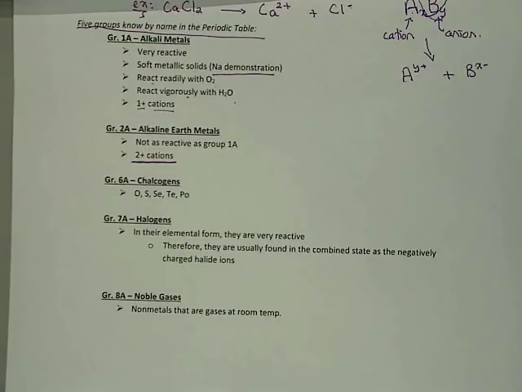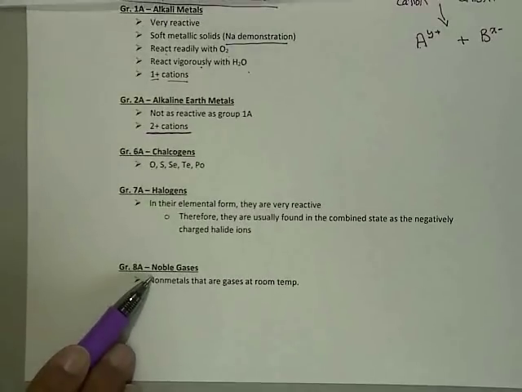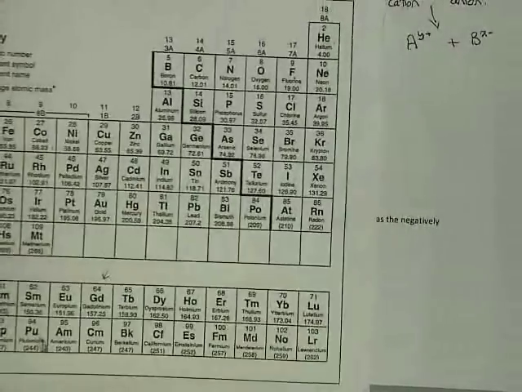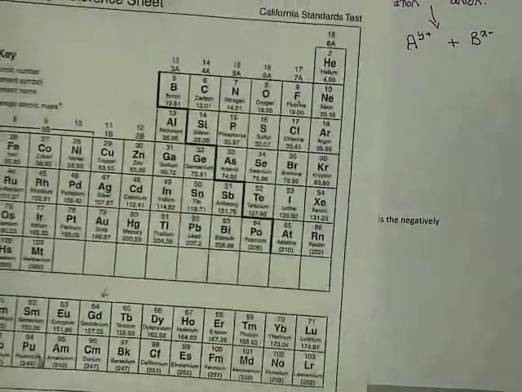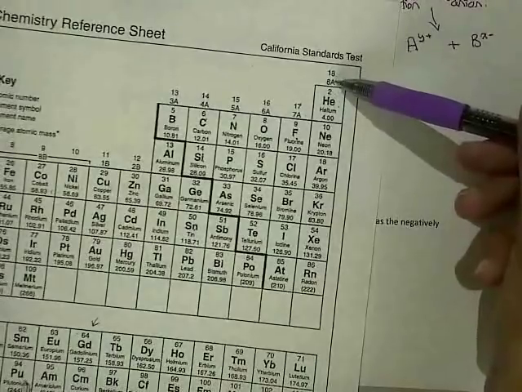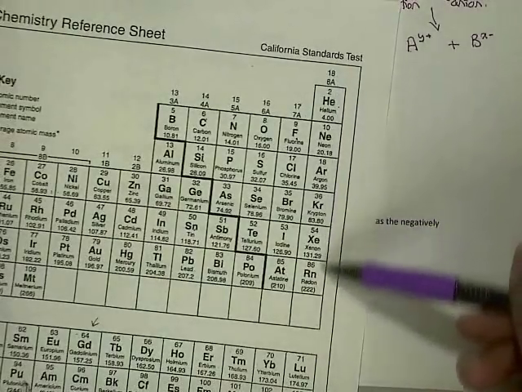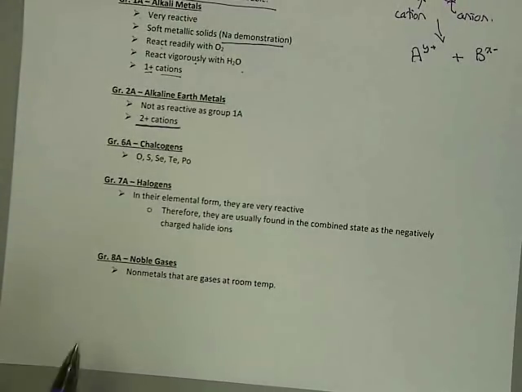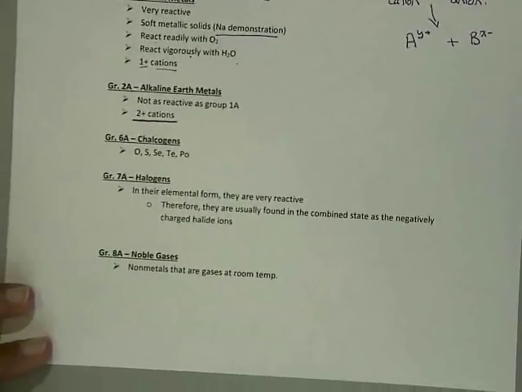Now, the last group that you should be familiar with is the noble gases, and we'll talk a lot about noble gases when we talk about the octet rule in lecture. Noble gases are group 8A, these gases here. They're all gases, they're nonmetals, and they're gases at room temperature.